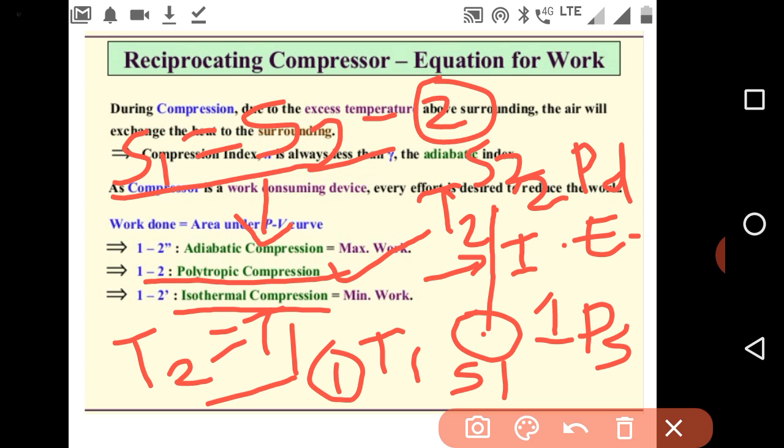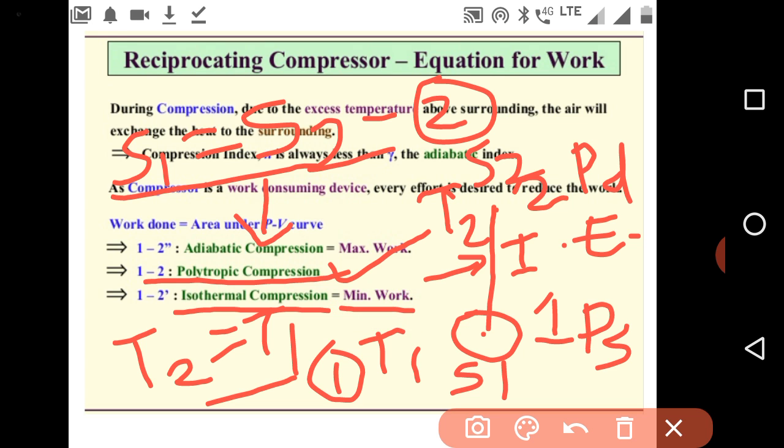In the isothermal compression process, we are reducing the increase in internal energy of the gases to zero. That's why the work supply required for isothermal compression will be minimum. As we are supplying minimum work, we can increase the efficiency of the compressor.